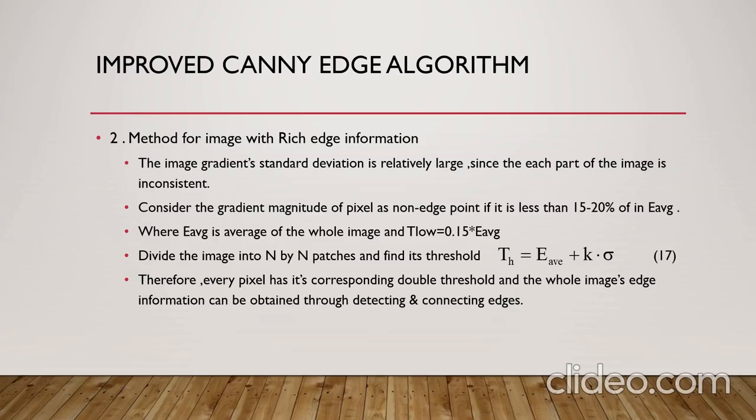The lower threshold value is 15 to 20% of the average of the whole image, and we divide the image into patches of size n cross n and find each threshold value, where Th, the upper threshold value of that patch, is equal to the average value of that patch plus k times the standard deviation of that patch.